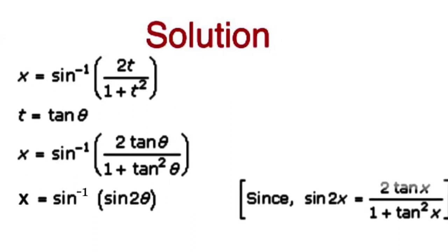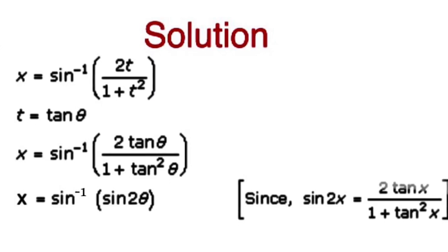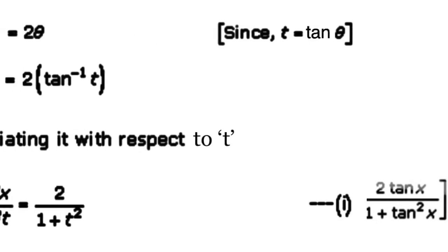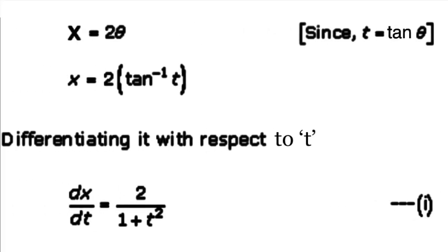According to the property, sin inverse and sin will dissolve. So, we will get x is equal to 2 theta. Since the value of t is tan theta, theta will be tan inverse of t. So, let's put the value of theta. We will get x equals 2 into tan inverse of t.